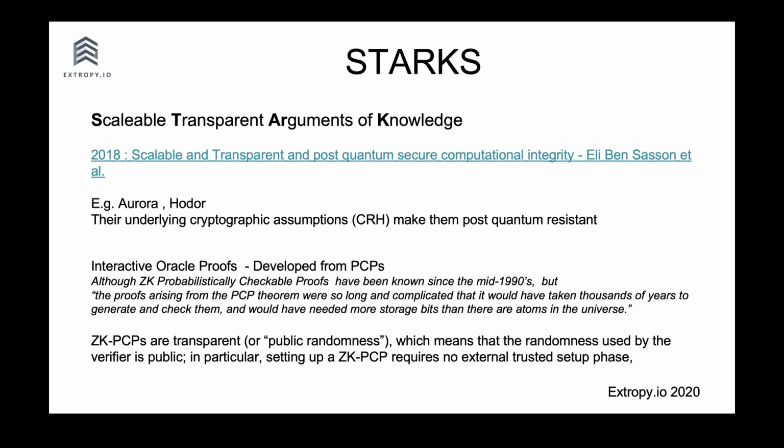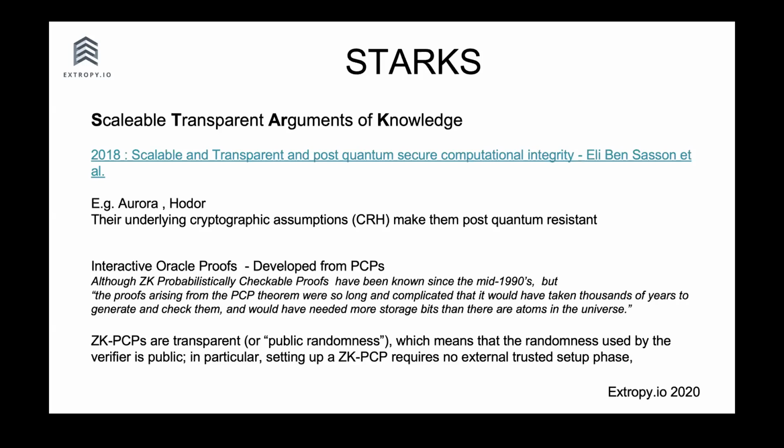And the ones for a STARK are quite different. So for a STARK, they don't require this trusted setup. In fact, all the people have to do is to have an agreement around some common reference hashing mechanism.